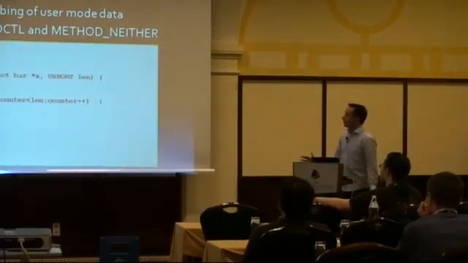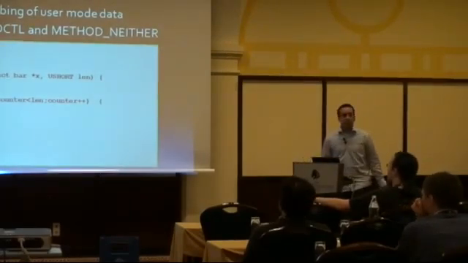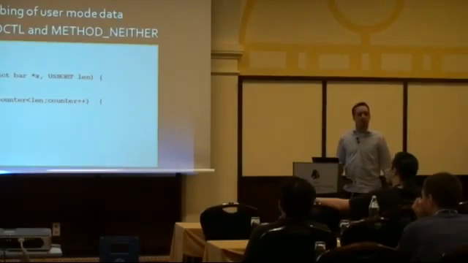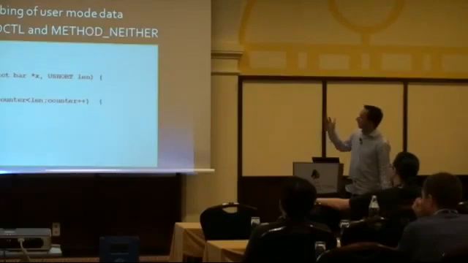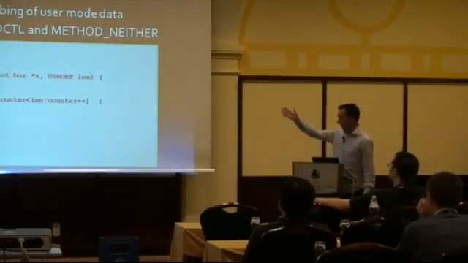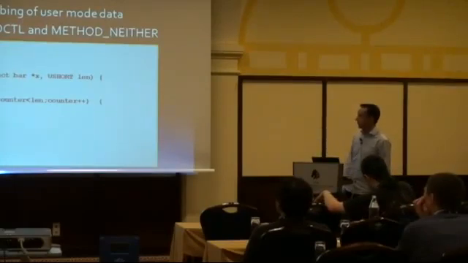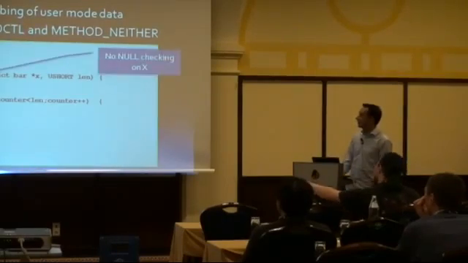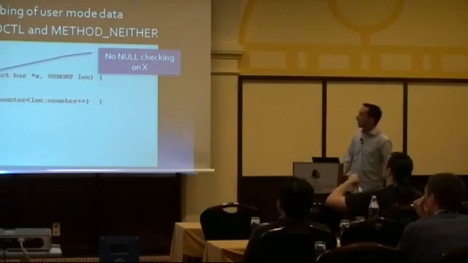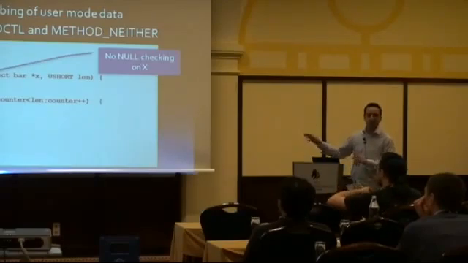Trusting user mode pointers. I don't know if you guys are familiar with METHOD_BUFFERED. We're not going to talk about it right now, but let's imagine this entry point. The two parameters come from user mode. They are attacker controlled. Let's say that bar is null. There is no null checking. Again, this is fake code. We're going to go to real code later.